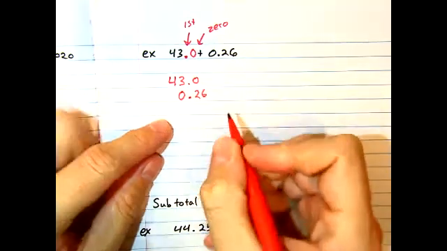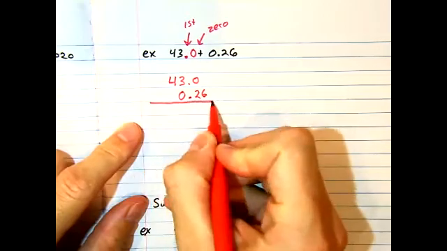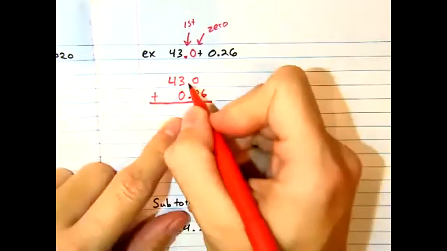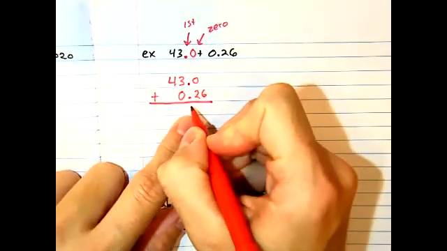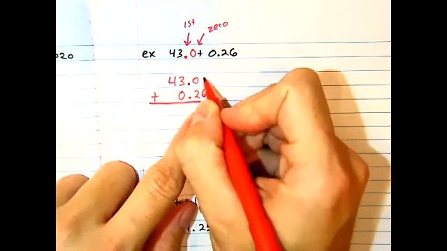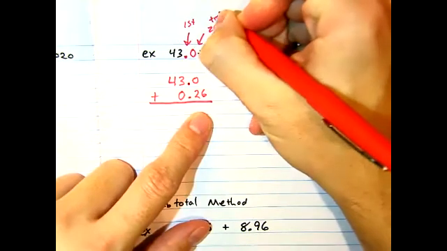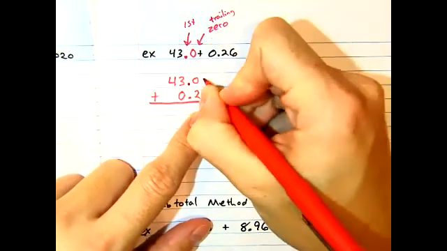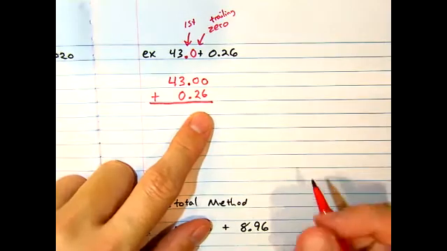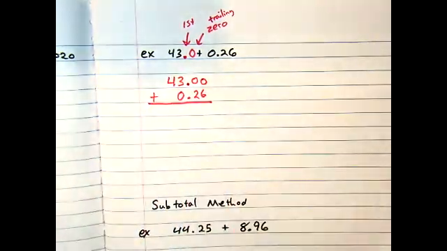Ooh, I see I'm missing something. Something is kind of silly here. I lined up the decimal so I know I'm correct, but I don't have another 0 here. I'm going to need another trailing 0. Let's put it into place. Now I have it all lined up and it's ready to match.